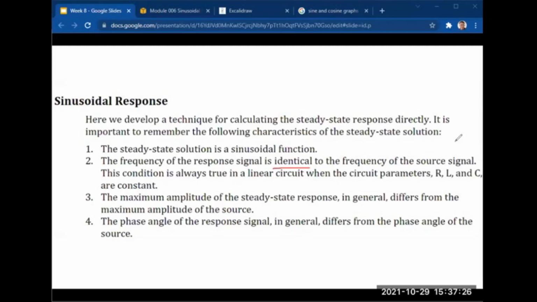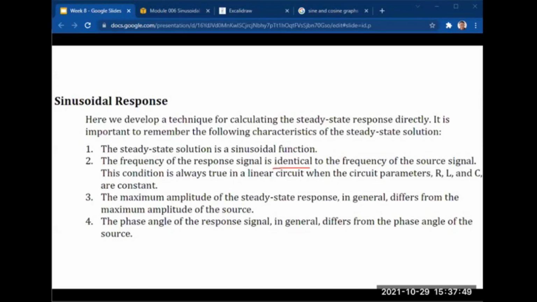The only thing that will differ is the maximum amplitude. So if it's voltage, the maximum voltage is different on the response and the source. Also the phase angle. So the omega is the same, and the sine or cosine function is the same for sinusoidal response and sinusoidal source.